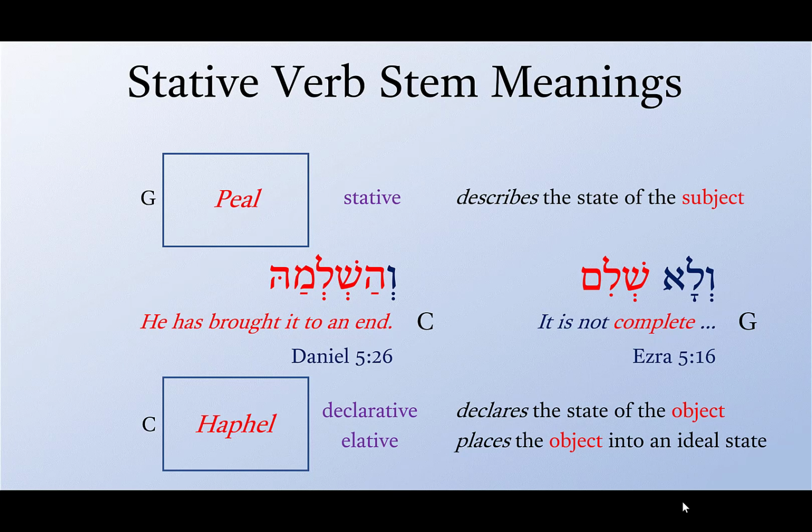So the state of completeness, just as complete as this it can possibly be, he's brought it to that end. Okay? So this is stative verb stem meanings, a bit different from the dynamic ones. If we didn't have this different idea, we might be tempted to get a little bit confused because factitive, the D stem, sounds causative, but it's not.